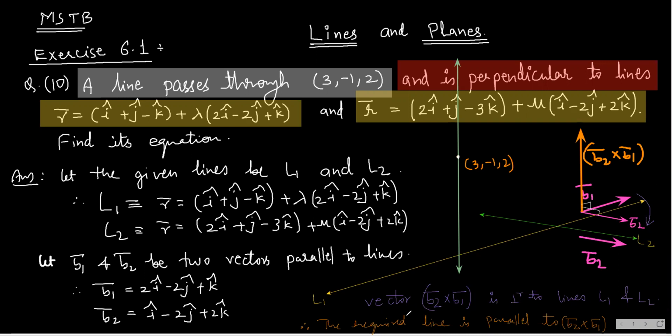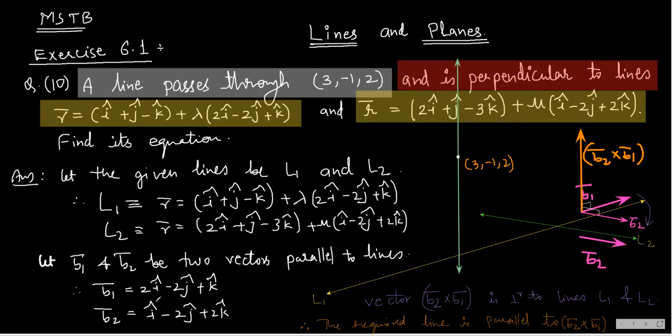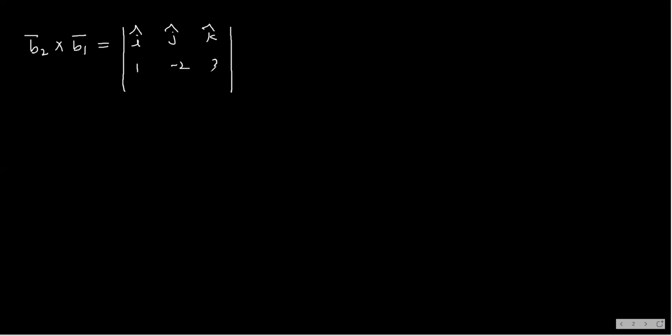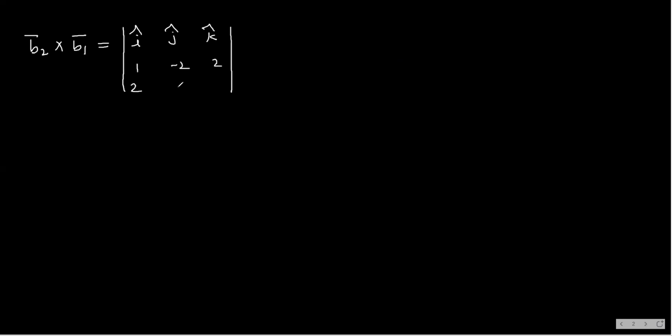So B2 bar cross B1 bar is, in the determinant, first row i cap, j cap, k cap. The second row we write B2 bar: 1, -2, 2, and the third row I'll write 2, -2, 1.